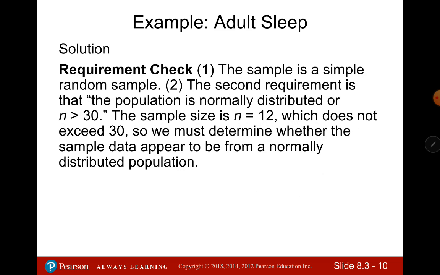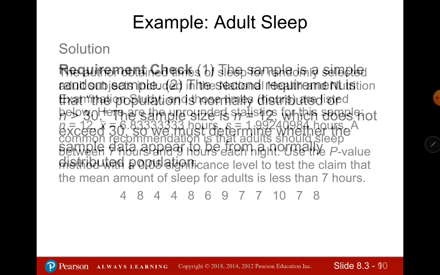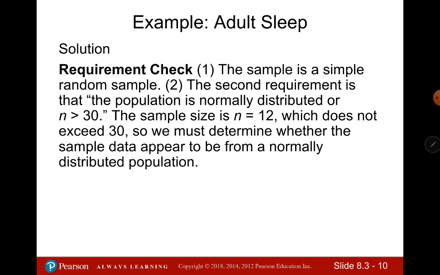Remember, the first requirement is that the sample should be a simple random sample. If the subjects are randomly selected from the population, then that sample will be a simple random sample. The first sentence already tells us randomly selected subjects, so it's a simple random sample. But the second one will be the problem.